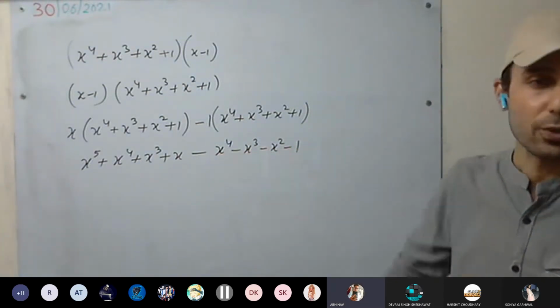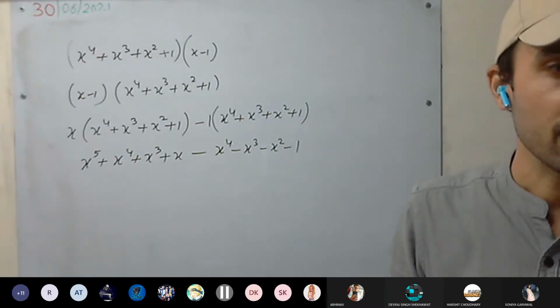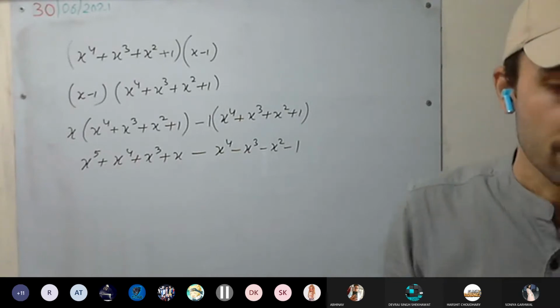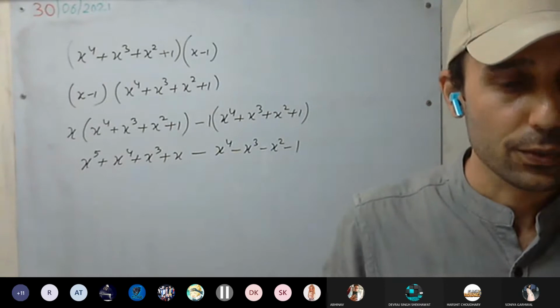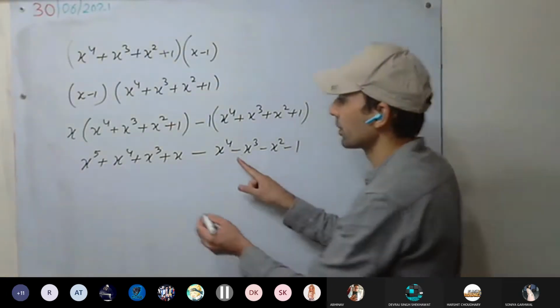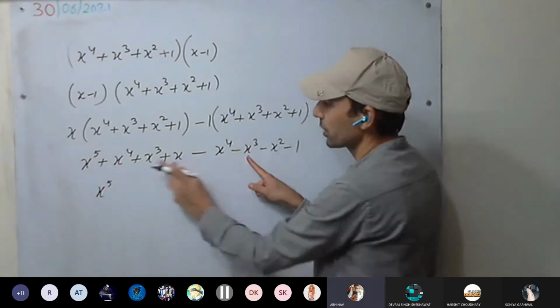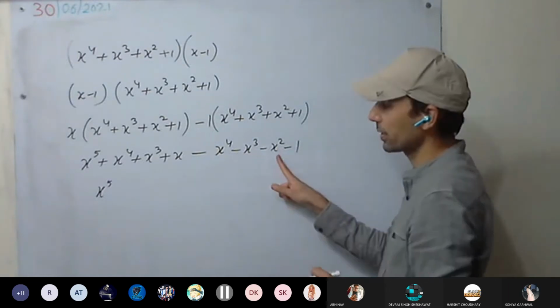See here, many terms are going to get cancelled. Everyone solve them. 7th, solve it, everyone. So it will be x to power 5 plus x to power 4 minus x to power 4 gives 0, x cube minus x cube gives 0. x is there, x square is there, they are remaining.